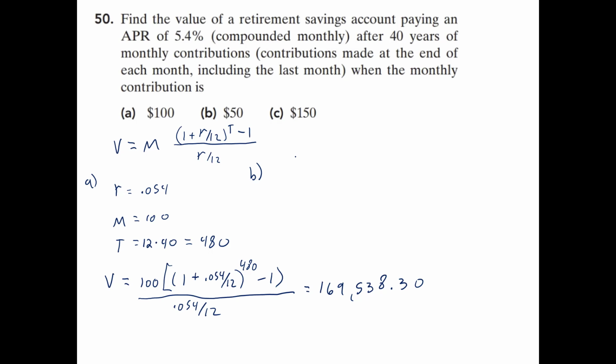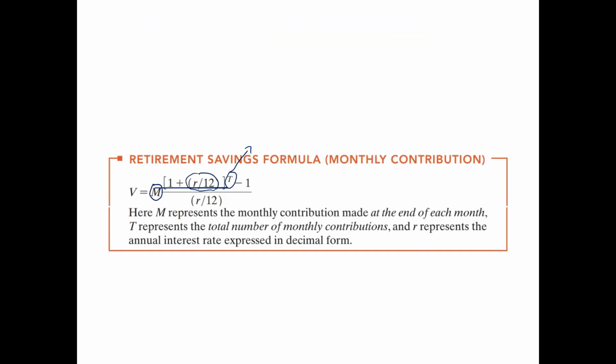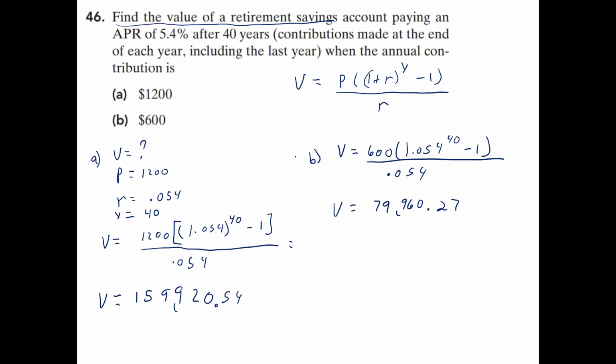We did this at 5.4% for 40 years, and we got $169,538.30. Earlier, we did this at 5.4% for 40 years, and we were only making deposits once a year, and you see that we got $159,920.54. So it makes sense.